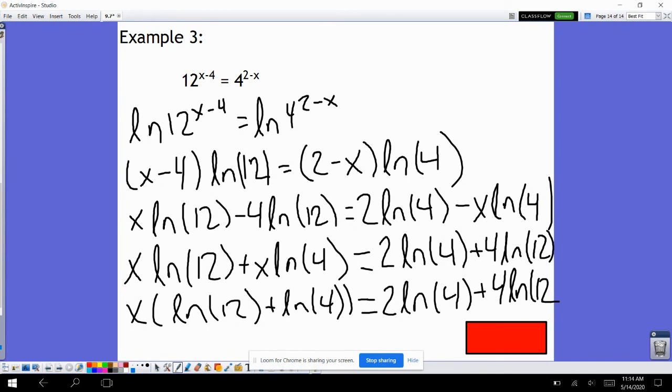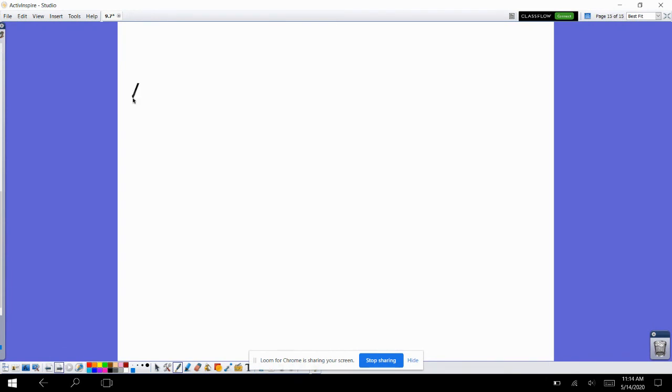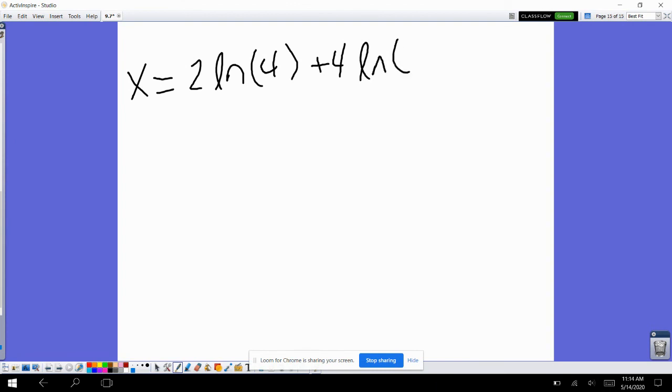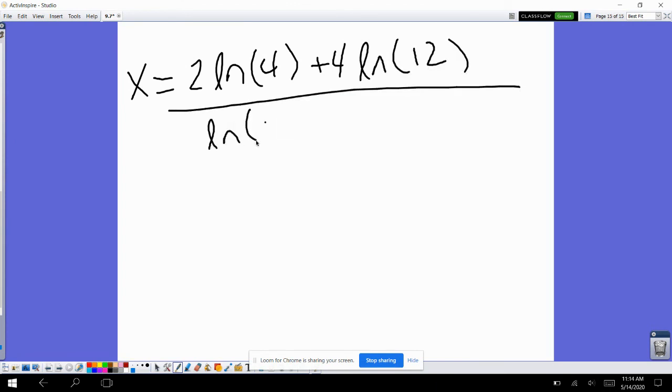So if we want that in exact form, it's going to look like x is equal to 2 times the natural log of 4 plus 4 times the natural log of 12 divided by the natural log of 12 plus the natural log of 4.